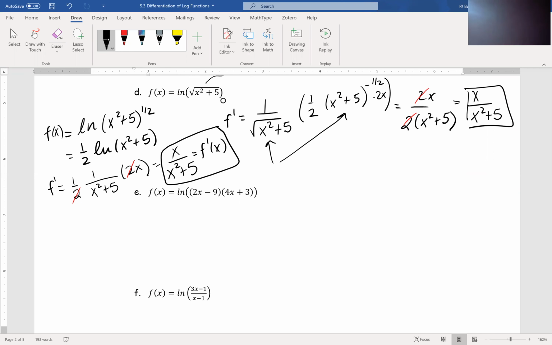All right, let's go ahead and do this one. Now this one, I've got a product inside of the log. We know that the log of something times something can be written as the log of the first plus log of the second. So before we take the derivative, let's do that.